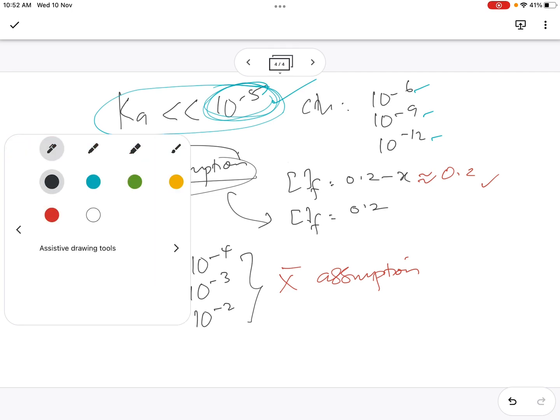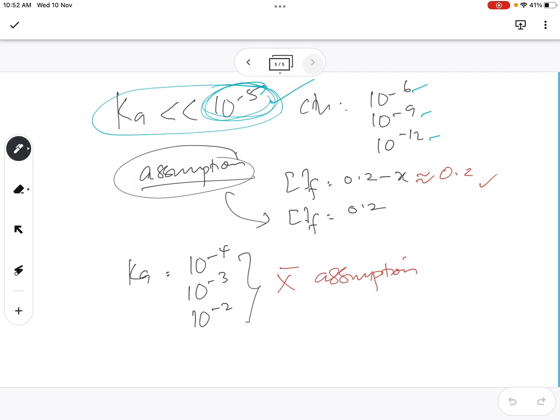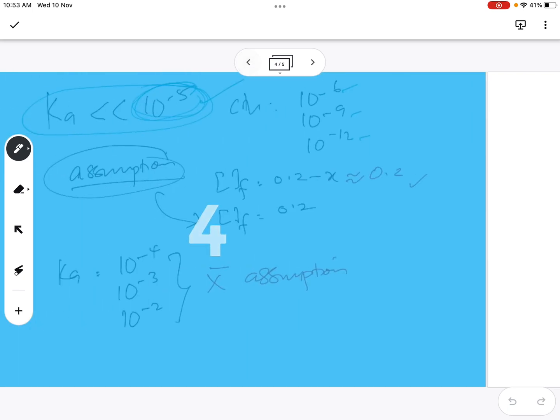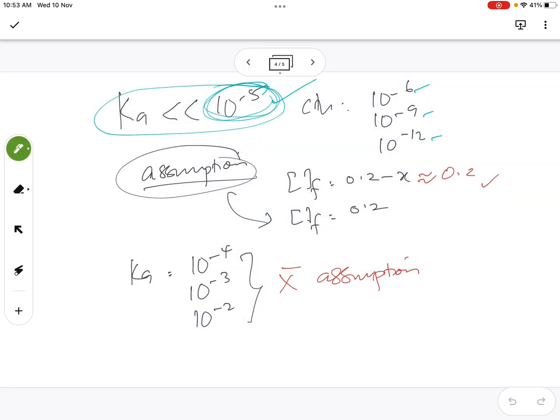The second possible thing: we can also make the assumption if the percentage of ionization or dissociation is less than 5%.